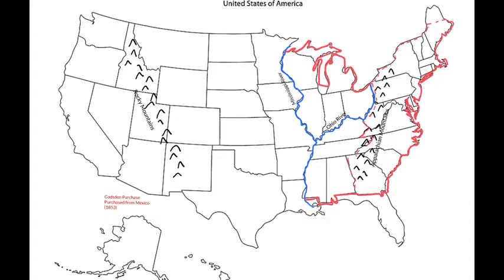And so for each of these, you're going to have a label. You're going to have what the name is, where we got it from, who we got it from, and then also the date that we got that particular item. So we'll start off with the original American territory.